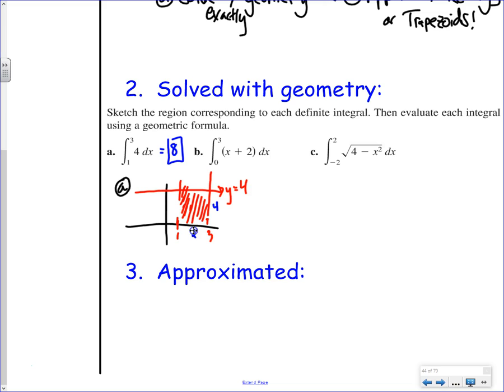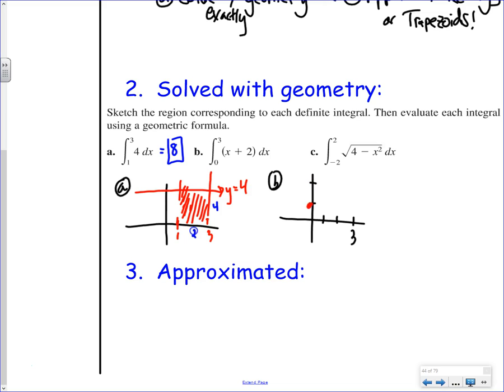How about letter B? Not letter C, sorry, letter B. It's a linear function with an intercept at 2 and a slope of positive 1.